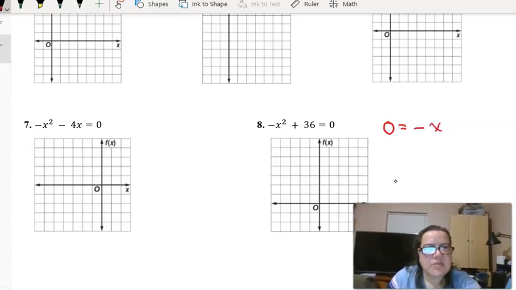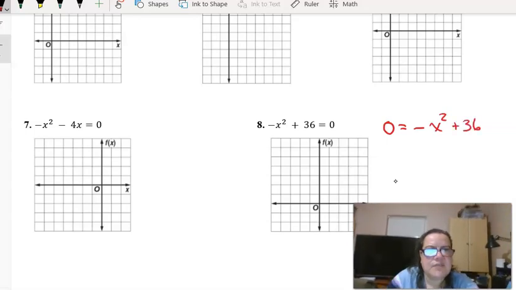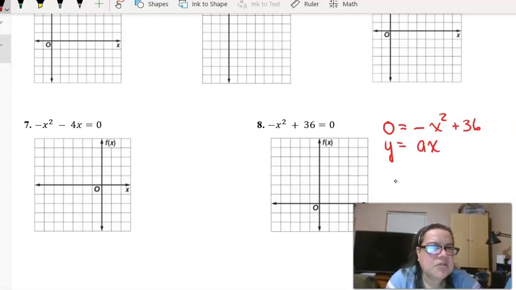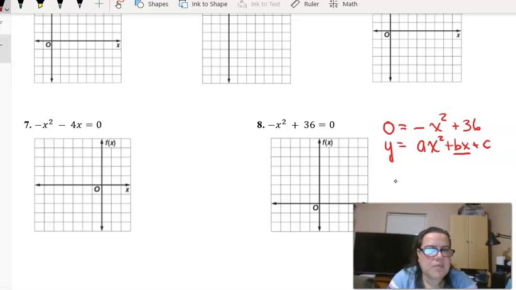So I have negative x squared, you see how I'm just flipping it, I didn't do anything. If the left is equal to the right, then the right is equal to the left. So 0 equals this, but this is what you want your parabola to look like: ax squared plus bx plus c. Notice how there is no linear term, and that's going to become important.